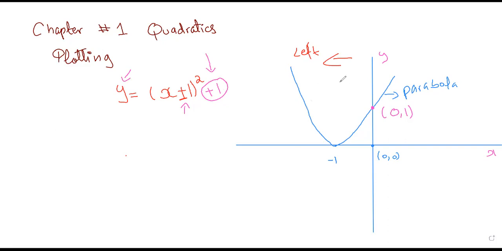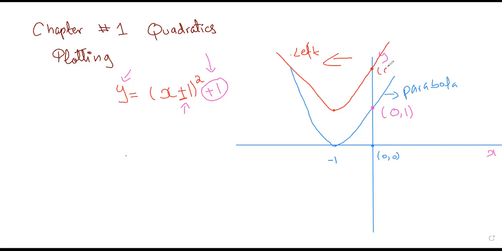So this blue graph would become something of this sort, right? And what would this be? Again, you have to use the same logic. What is the value of x here?